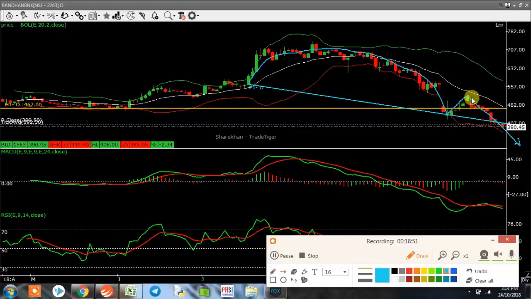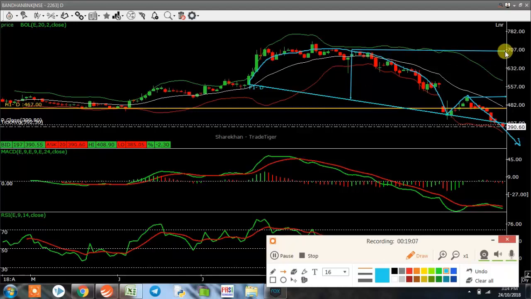The value to which the price should fall from this level is equal to the level of rise it had here at the center. So to compare this value, we'll have to calculate this.